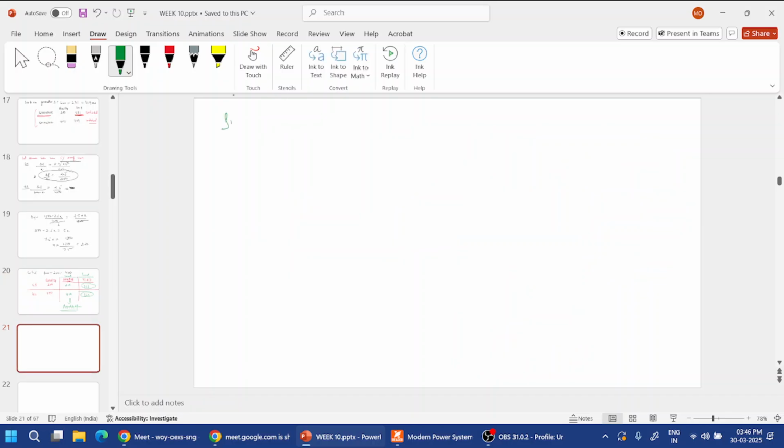So the system frequency is equal to 50 minus group characteristics, 0.04 into 50 divided by 200, multiplied by 231.